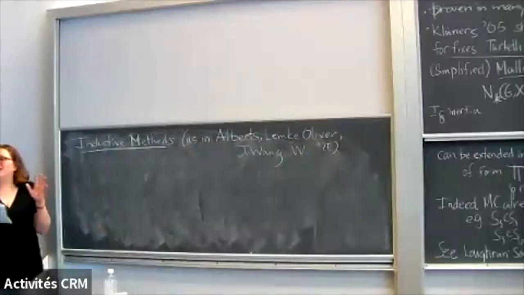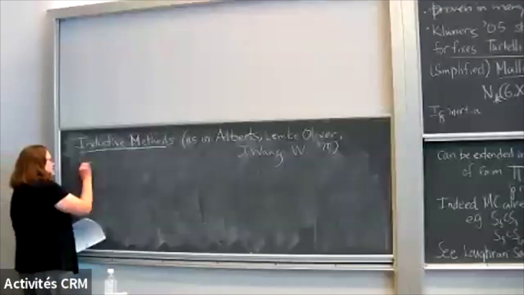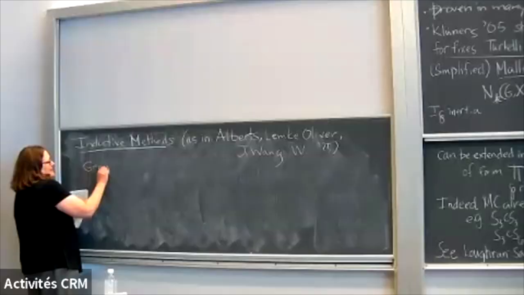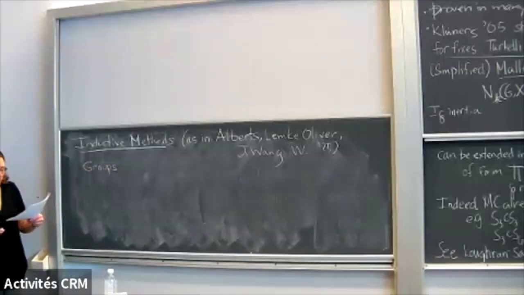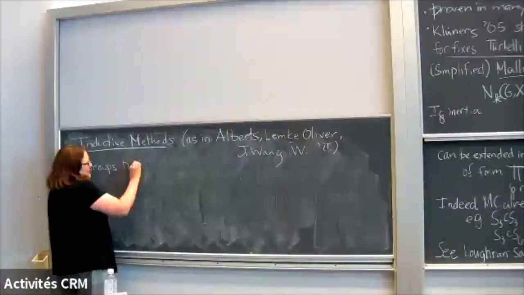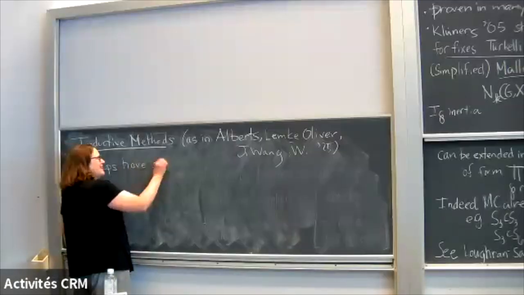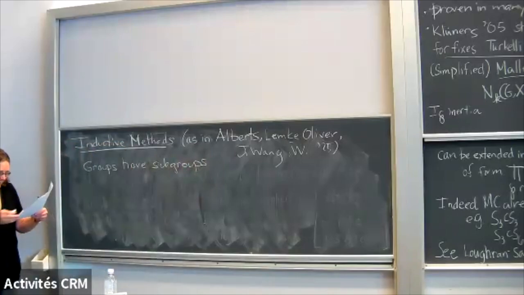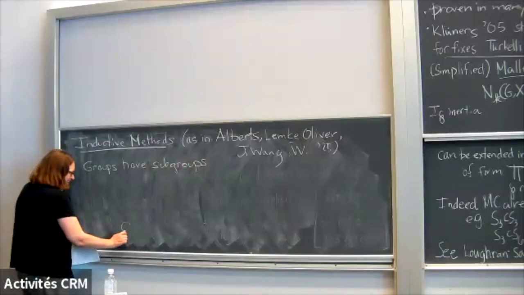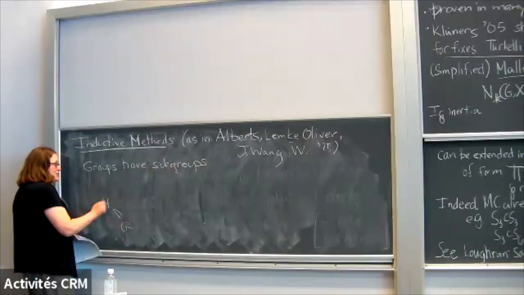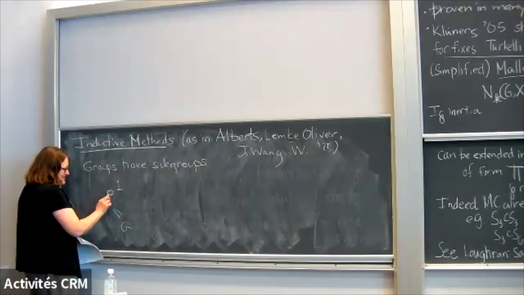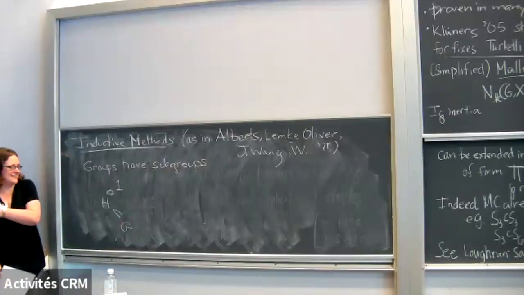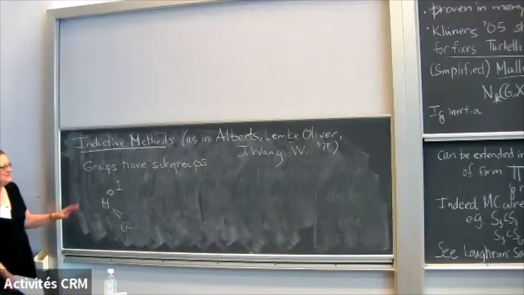a very simple observation that these groups, these Galois groups that we're counting by, most of them, well, I guess they all in some trivial sense, but groups have subgroups, right? That's the starting point here. So if I have some group G, maybe it has a subgroup H. Of course, this is most interesting if H is a non-trivial proper subgroup, and most groups have such subgroups.